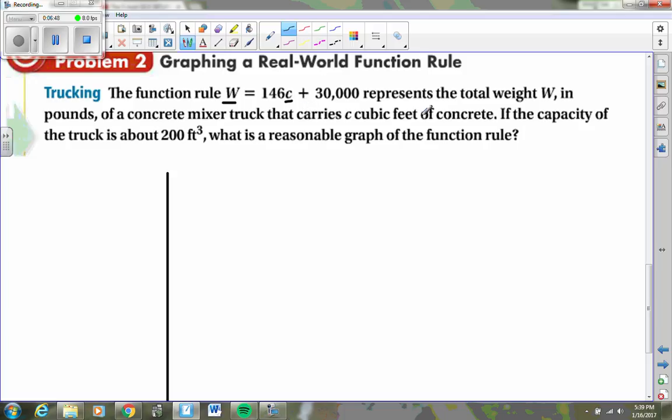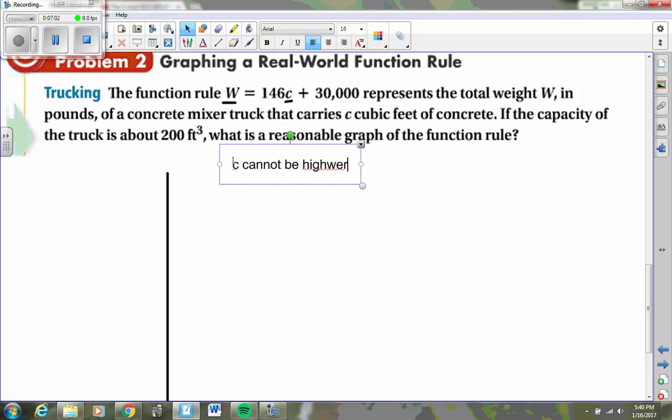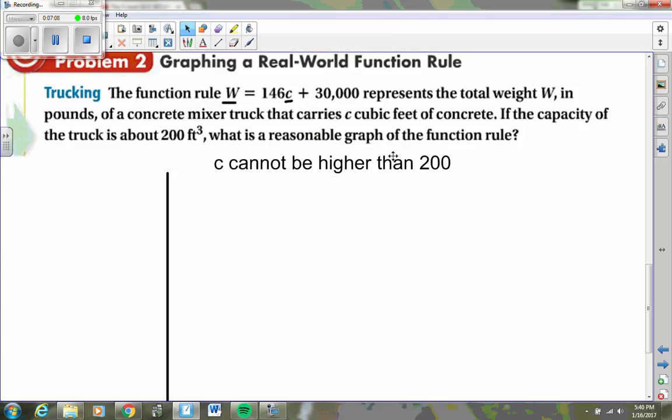But they tell us here the capacity of the truck is about 200 cubic feet, which means there's no way that my C value can go higher than 200 cubic feet. Okay? C cannot be higher than 200 cubic feet in this case.